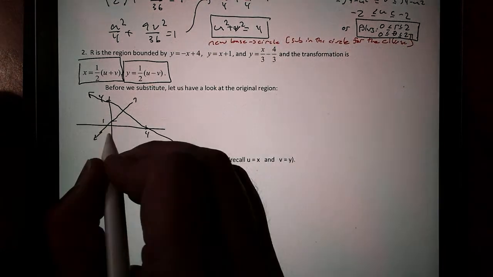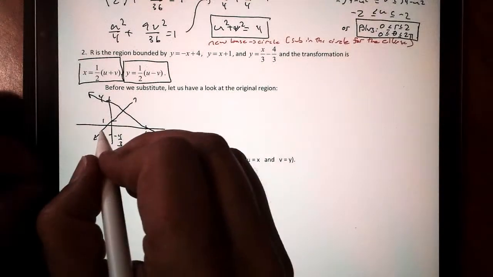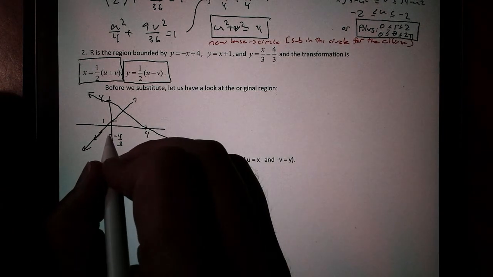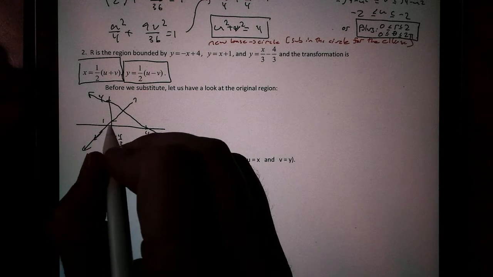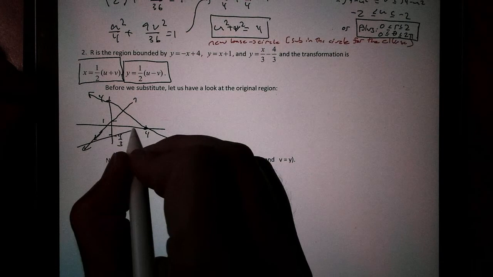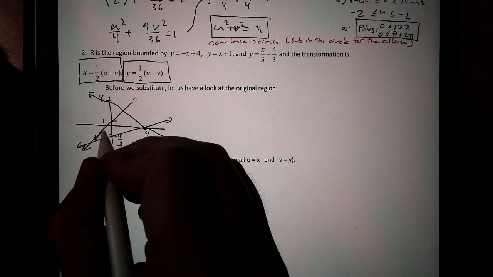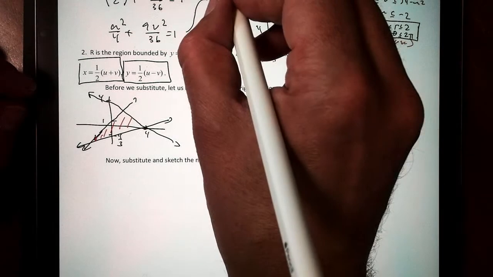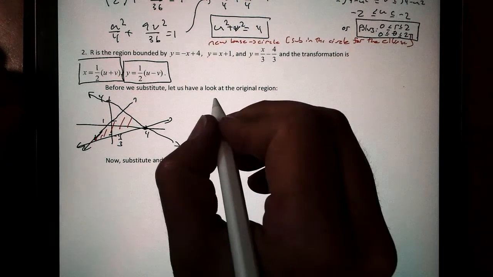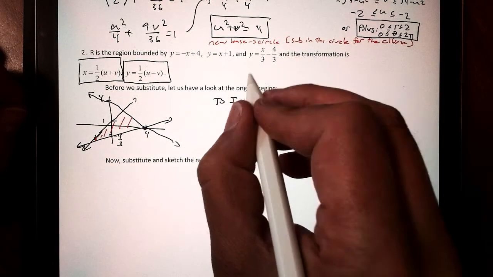Here we are at negative 4/3, and it's x over 3, so it's not a very steep one. It's going to go up here and cross at the 4 again. And there we go. So the region we're looking at is in here. Now notice, if I try to integrate this one, I will have to break this up.